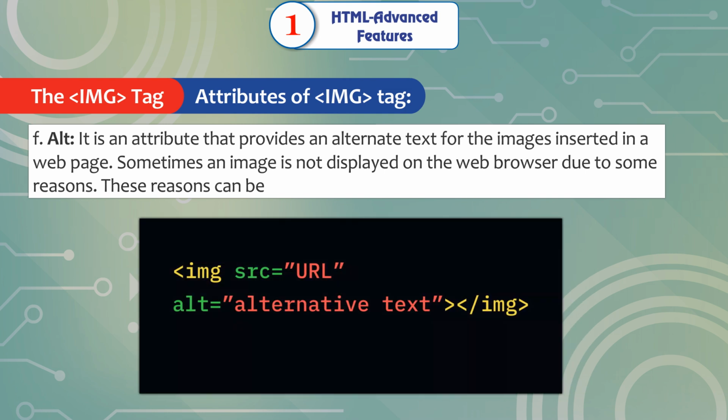F. Alt. It is an attribute that provides an alternate text for the images inserted in a web page. Sometimes an image is not displayed on the web browser due to some reasons.